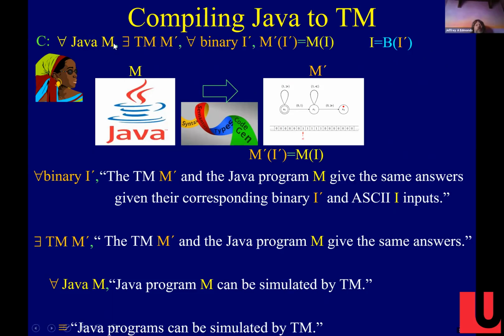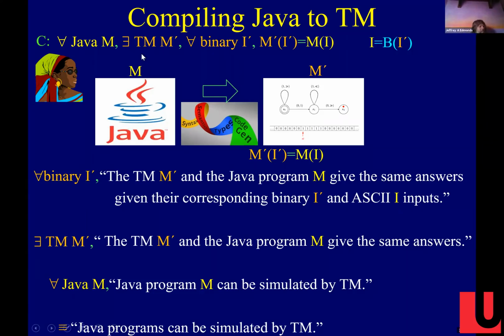All right, so now we want to write down the whole sentence. Let's make sure we understand this sentence. People wanted more examples, and this is another example. I'm not bringing in crazy, what is a Turing machine? This is just a reasonable example. Given any Java program, the adversary gives me any Java program whatsoever, I can come up with a Turing machine that simulates it.